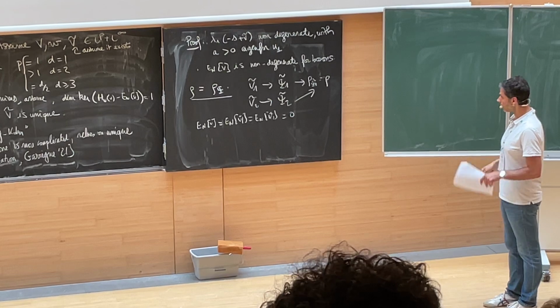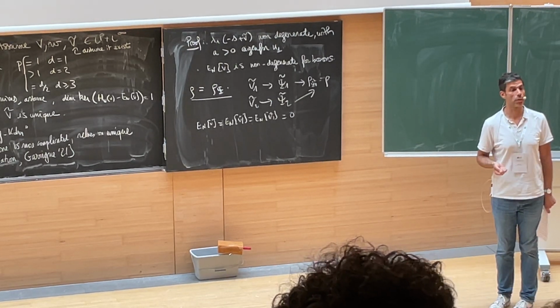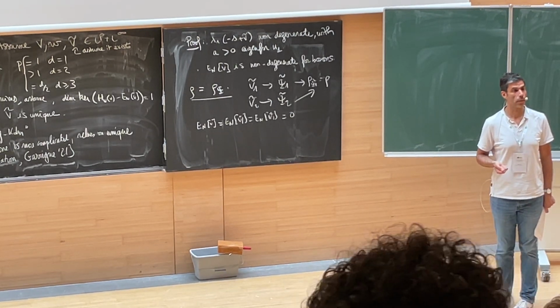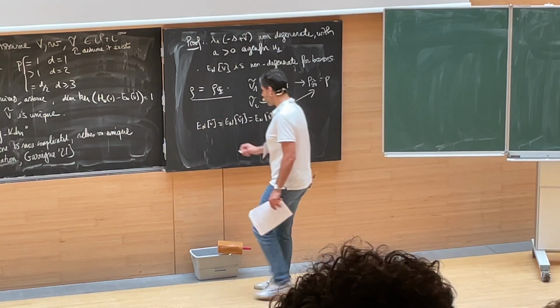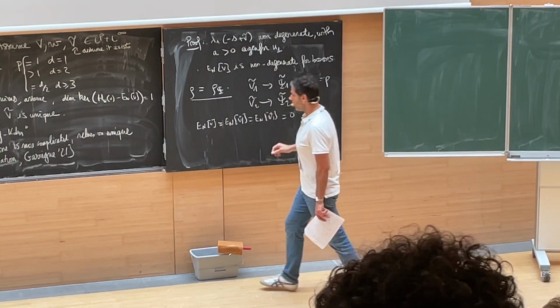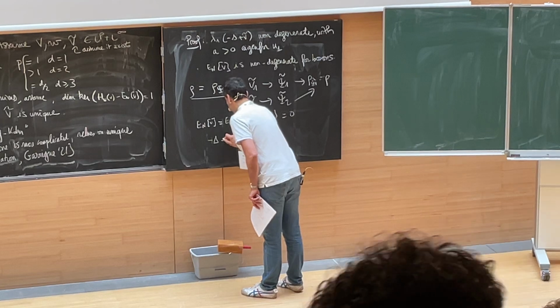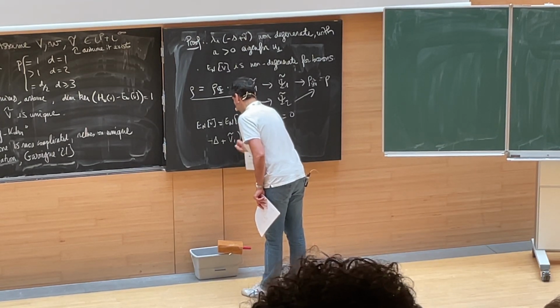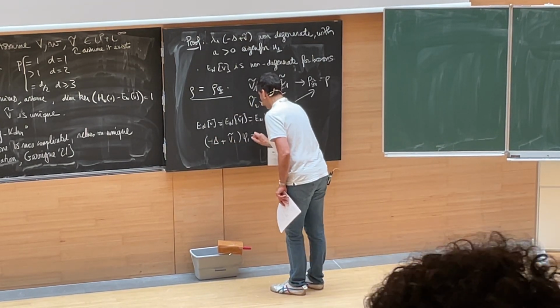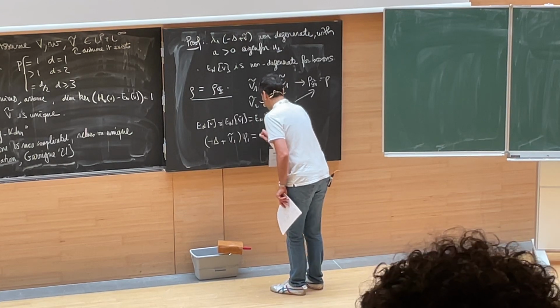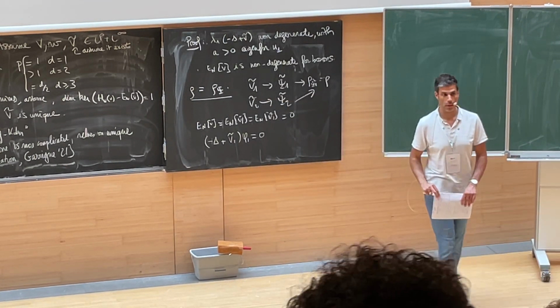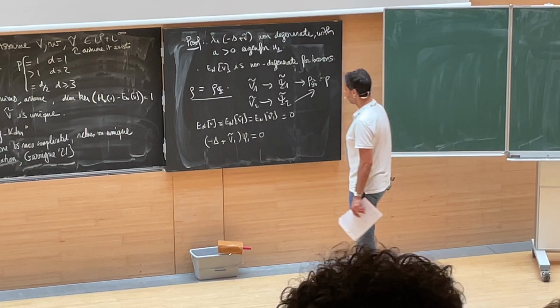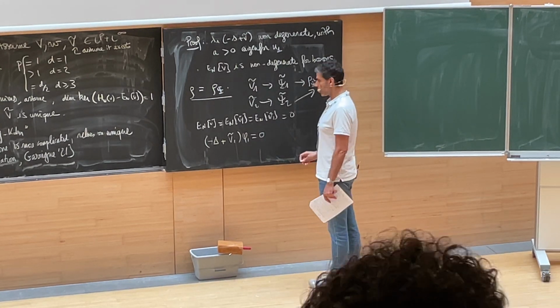Very good. For bosons, it's obvious. Because for bosons, I told you already, I look at minus Laplace plus V tilde 1 on phi 1 equal to 0. Okay. And what's the corresponding density?